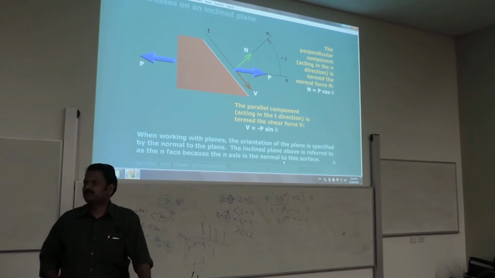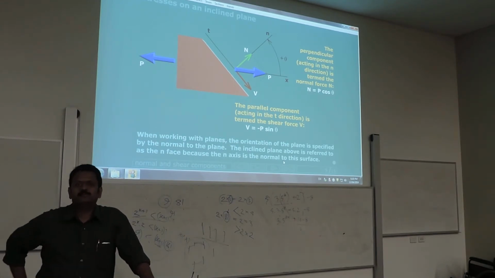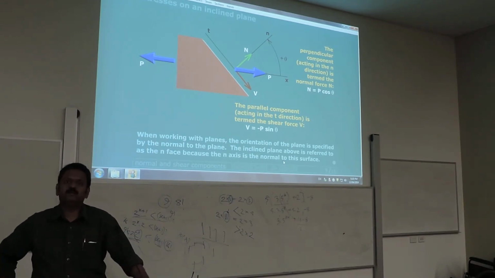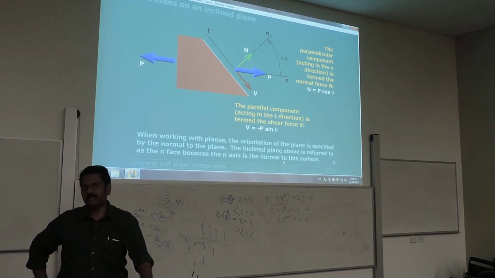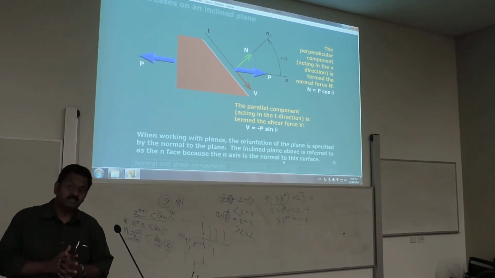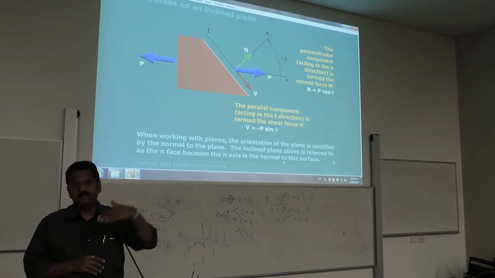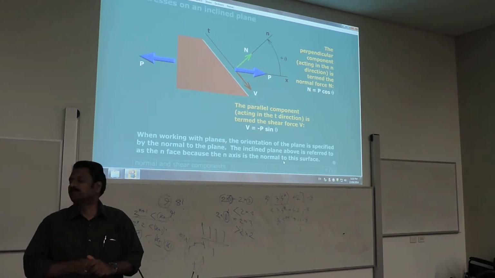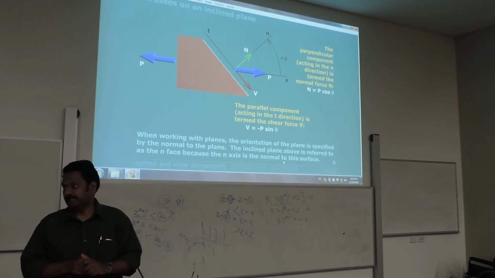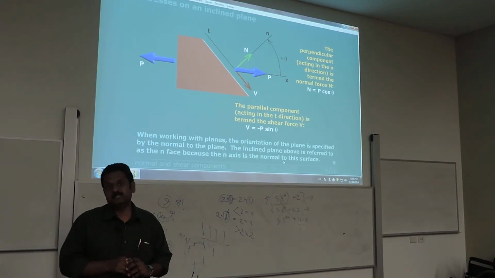So it is possible to resolve the value of P as shown by the green arrow in the normal direction, and the magnitude of that force is simply P cos theta, and the value of the force in the parallel direction of the plane, which is V, is given as minus P sine theta.